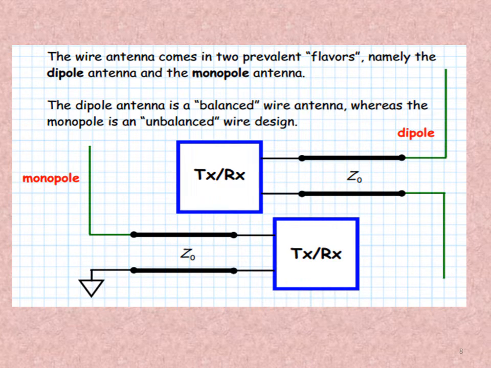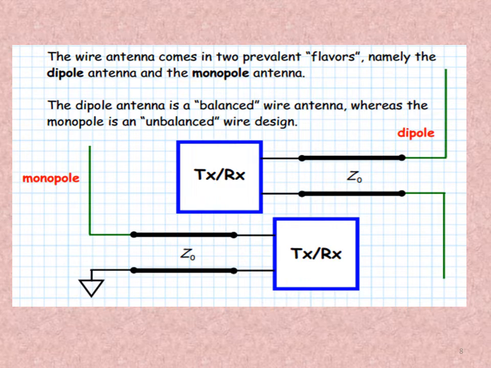Then next, we have dipole antennas and monopole antennas. The wire antenna comes in two flavors actually, namely the dipole antenna and the monopole antenna. Dipole antenna is a balanced wire antenna, whereas monopole antenna is an unbalanced wire antenna.